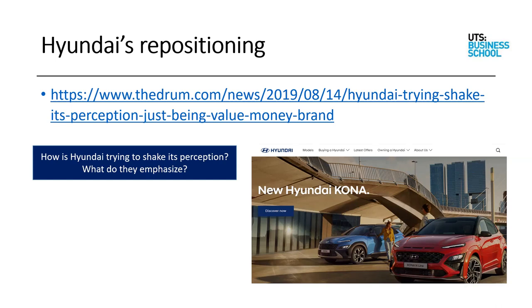repositioned itself in the minds of the consumers by moving from product-driven communication to more brand-driven communication, by creating more awareness around the brand, as far as it being just a value for money brand, and moving it from that perception to being an emotional and mature brand, creating a connect with the consumers and positioning it as a progressive brand.